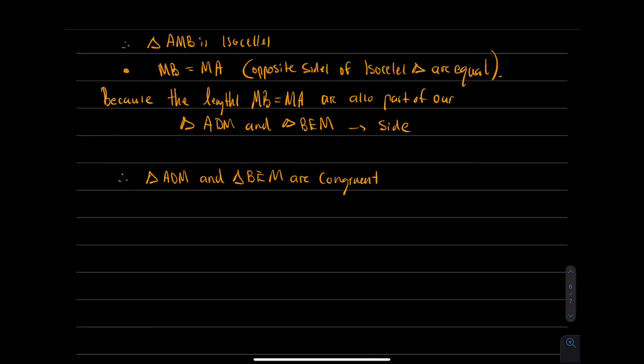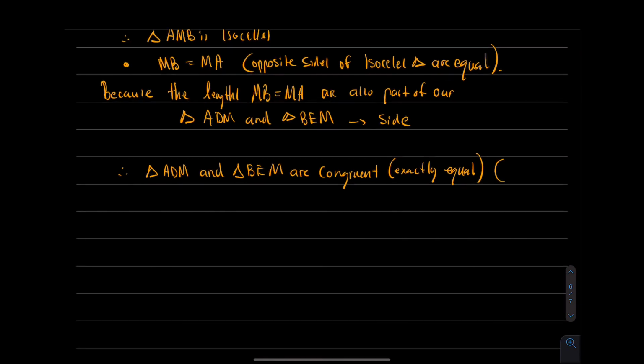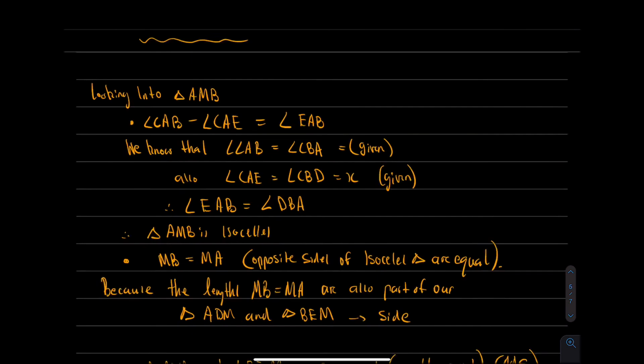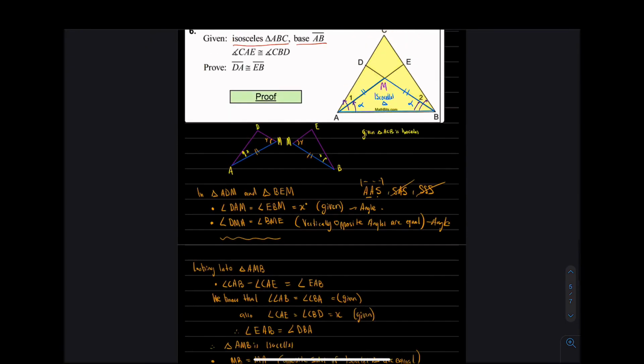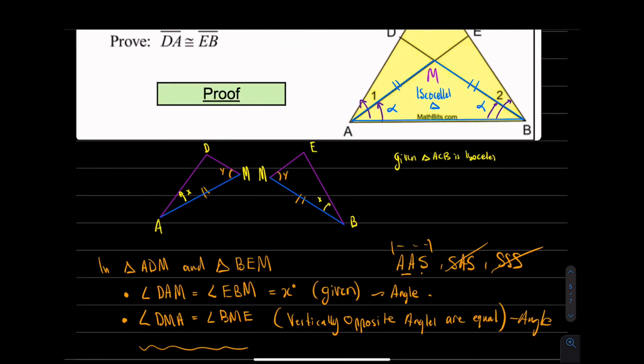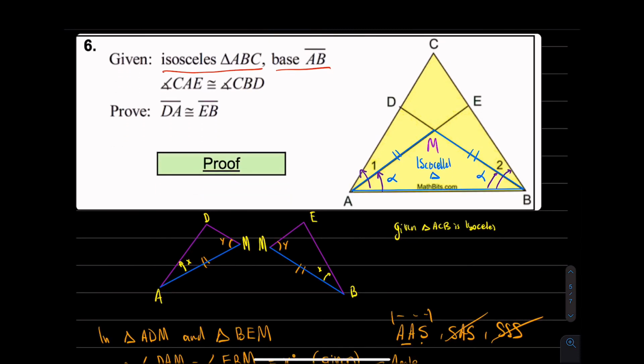Cool? Congruent means exactly equal, right? So they're exactly equal to one another. And the reason for this is our angle-angle-side rule, which we can simplify as AAS. Cool? So there it is, the proof of this question. It's a little tricky, but I hope you can see how we can use the lettering as indications of length and angles.